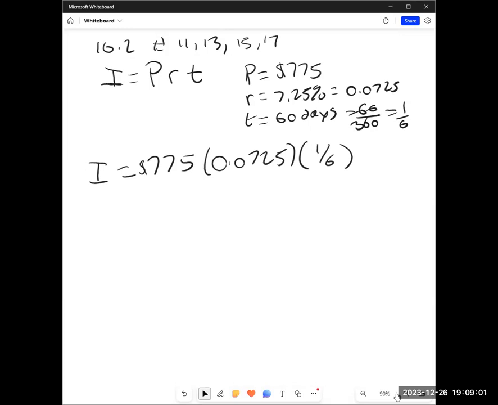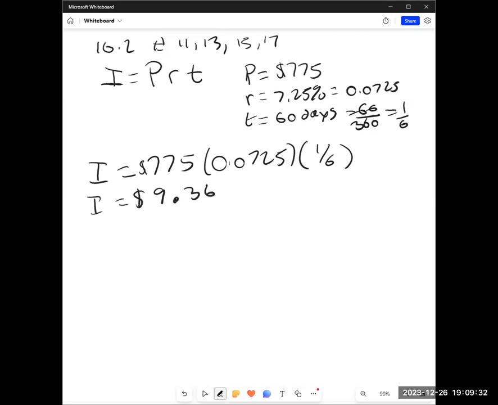Just a second for mine to load up here. 775 times 0.0725 times 1 divided by 6 is going to be $9.36.